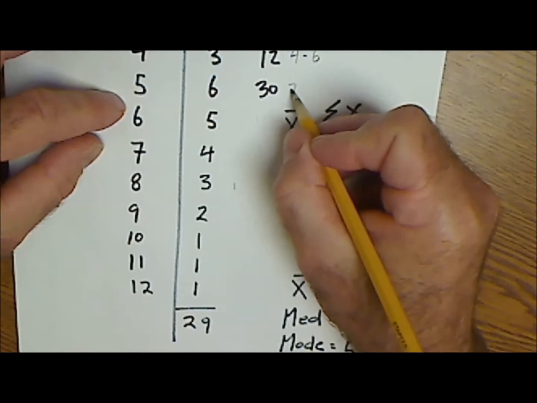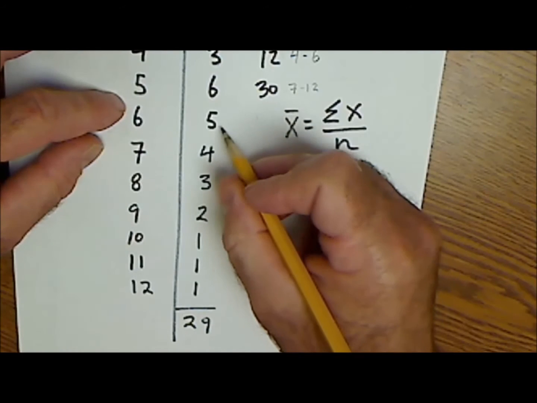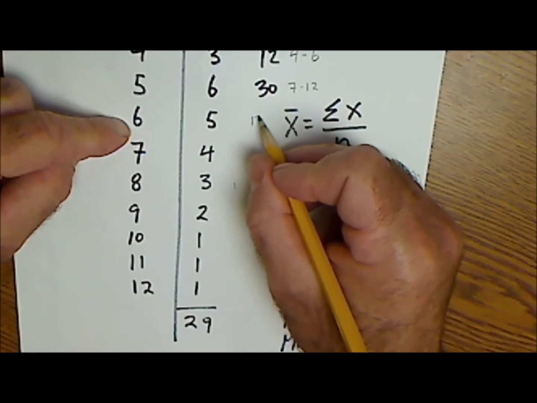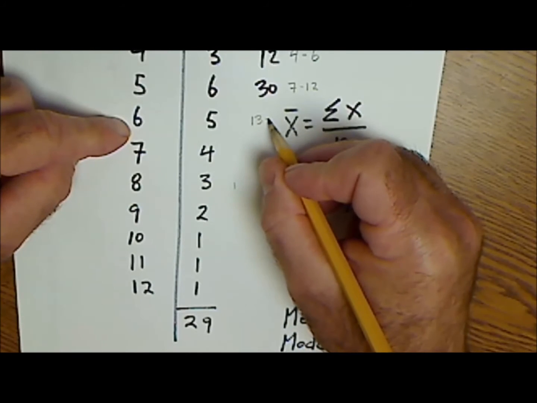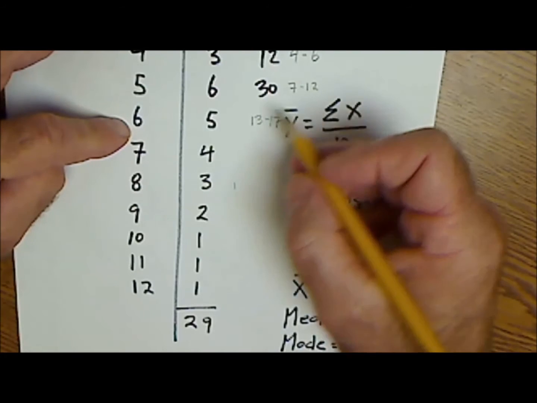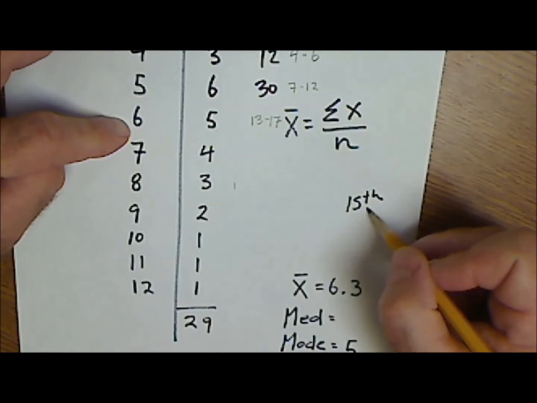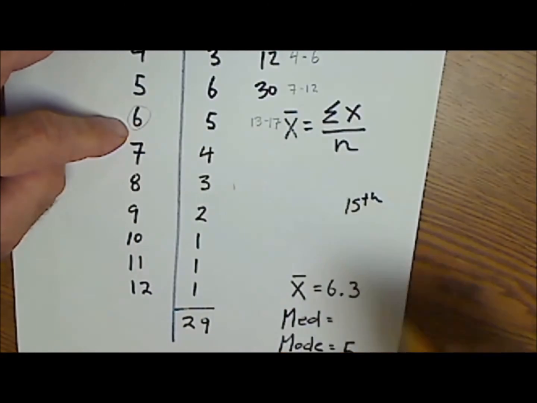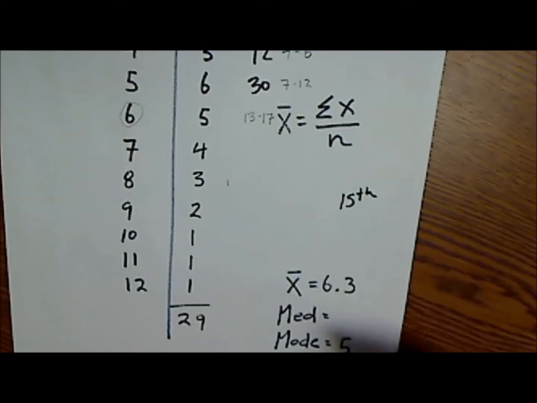This is my 7th to 12th value. This is my 13th to 17th value. So I could see my median is going to be my 15th value. 15th value is right here, so my median value is 6. So my median is 6.